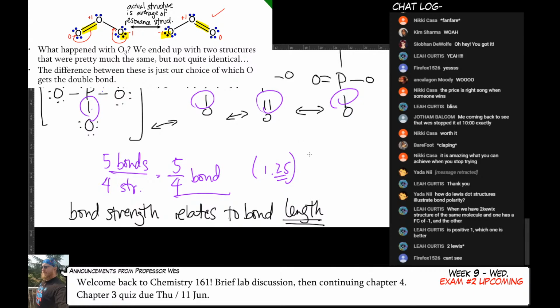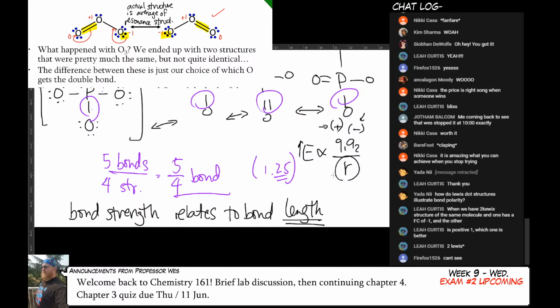Well, remember that we have Coulomb's law. Coulomb's law says that if I have different charged things, and I do have different charged things because this is going to be the nucleus of my atoms, and this is the electrons between them in my covalent bond, if I make R smaller, the strength of attraction goes up.